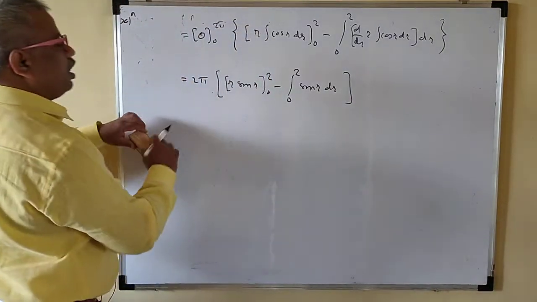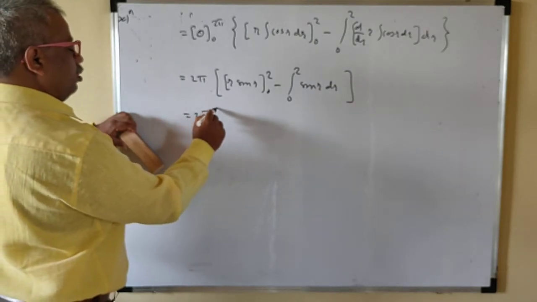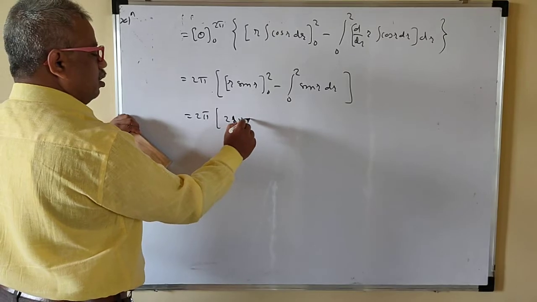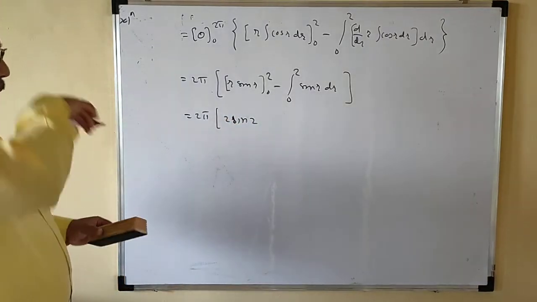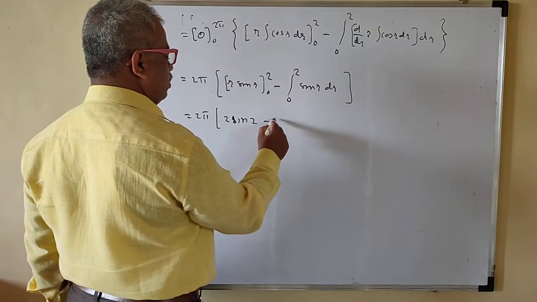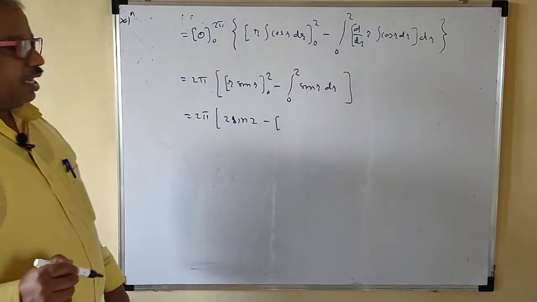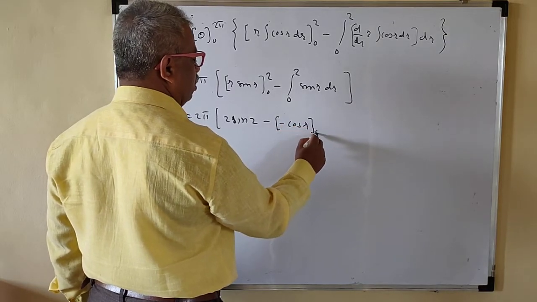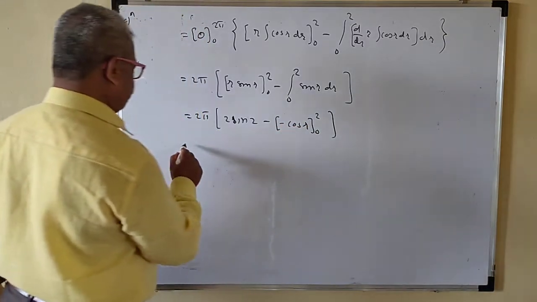Now we'll put the limits here. So this is 2 pi, and this is twice sin 2. If you put R equal to 0, then it is 0. So minus the integration of sin R, which is minus cos R, from 0 to 2.